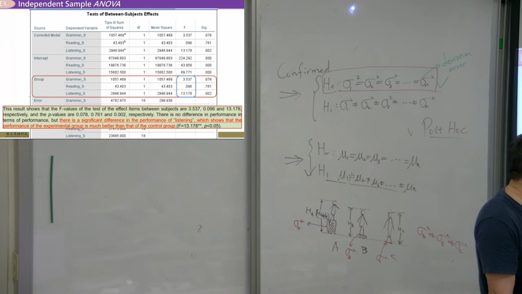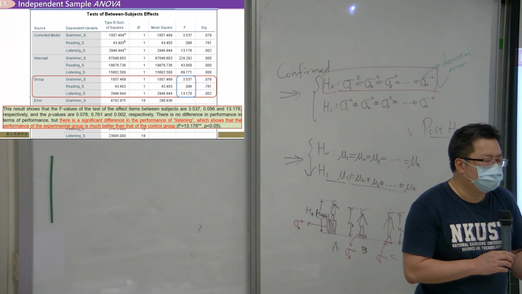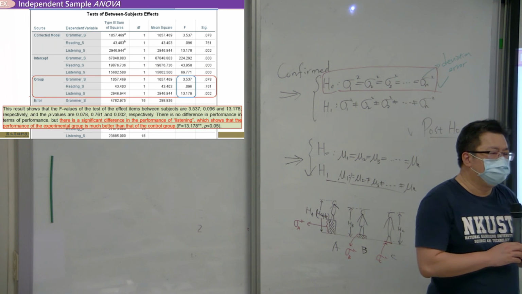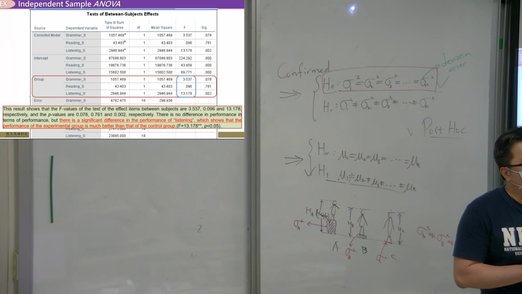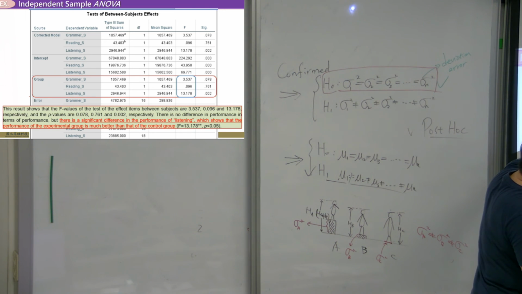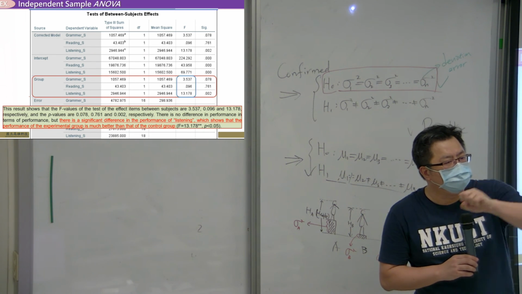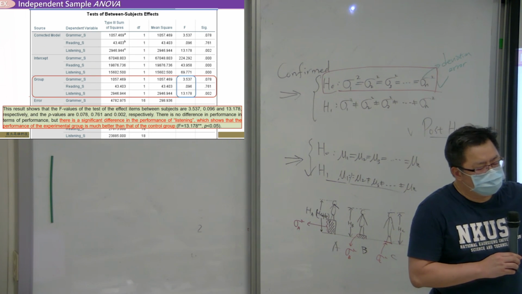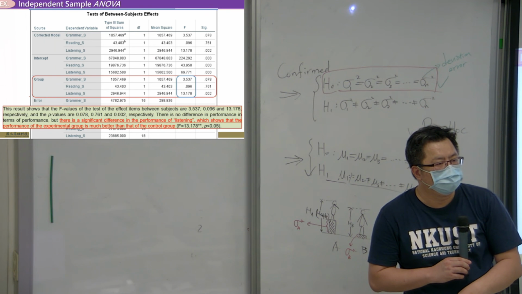I hope that everyone learns or practices how to make the conclusion. It's more important than playing with the software, okay? What kind of table, what values you have to use in your paper, and how you make the conclusion from it is more important.